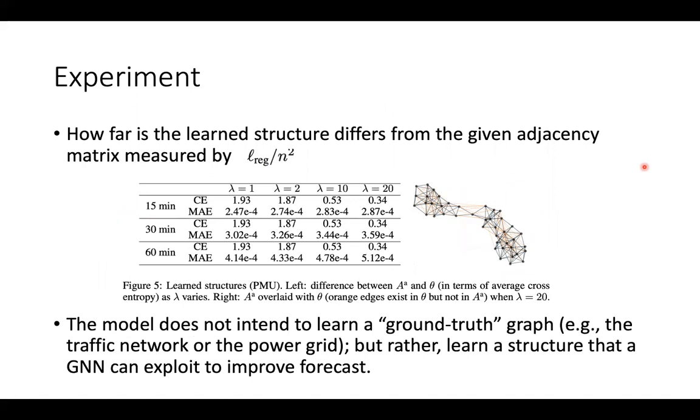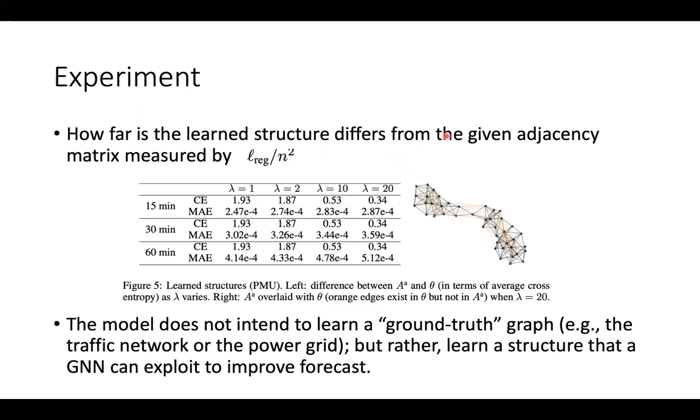So here they measure how far the learned structure differs from the given adjacency matrix by using the regularization loss divided by n squared, because the regularization loss is the cross entropy loss between each ground truth entry and the predicted entry. And there are n squared entries, so they divided it by n squared.